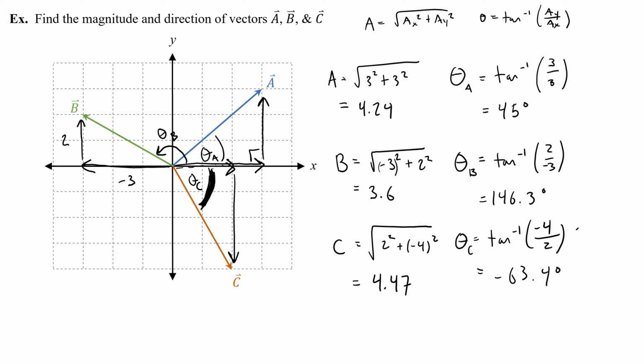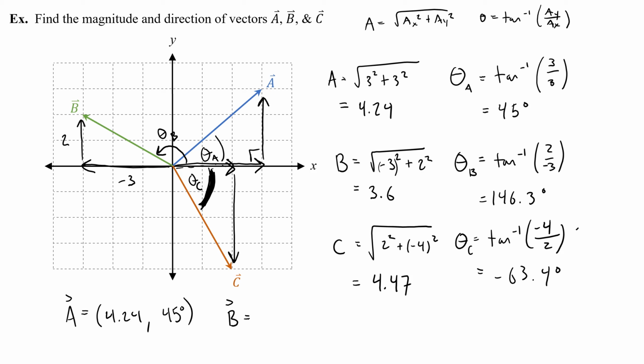Now, if I was going to write the coordinates of these vectors, or if I was going to name them, what I might do is say A equals its magnitude, so 4.24, comma, 45 degrees for the angle.